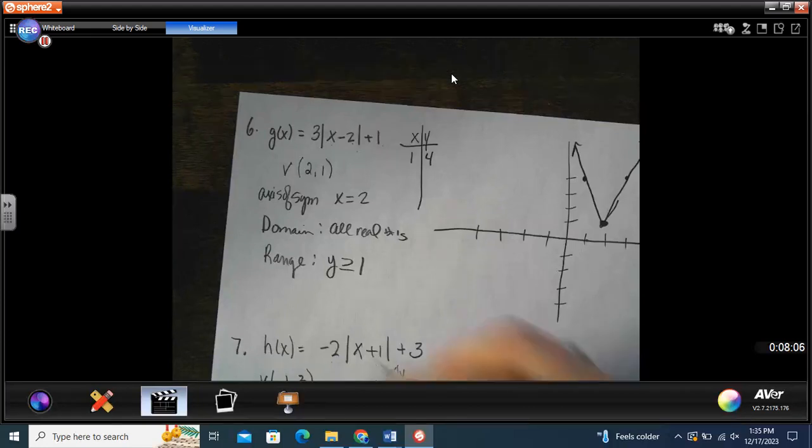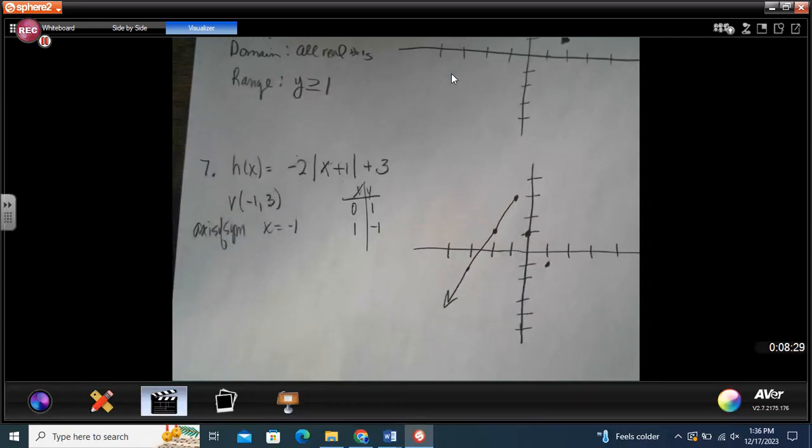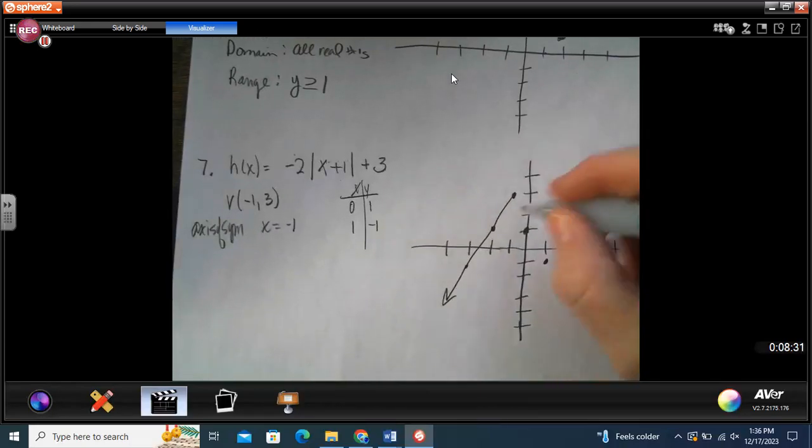Then I'm going to plug in 1, and 1 plus 1 is 2, times -2 is -4, plus 3 is -1. 1, -1, and then my axis of symmetry, and you're not seeing this, sorry, didn't move up my paper.